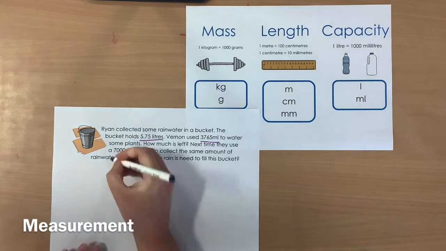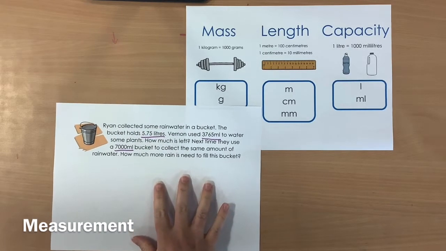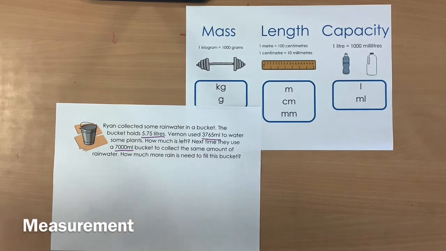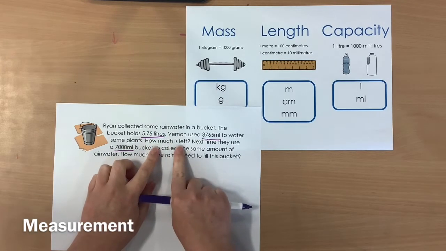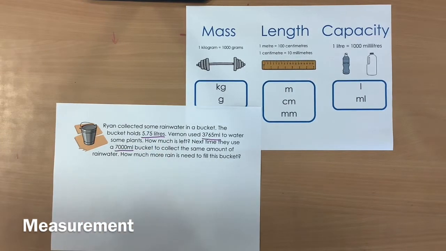There is lots of information for me to think about in order to solve this problem. What I have done is underlined the numbers so that I can find them easily when solving it. This is a 2-step problem. The first thing I need to do is to work out how much was left after Vernon used some water to water his plants.